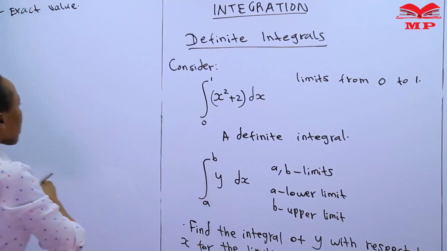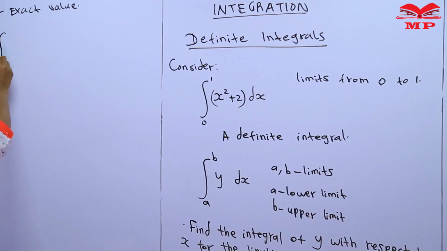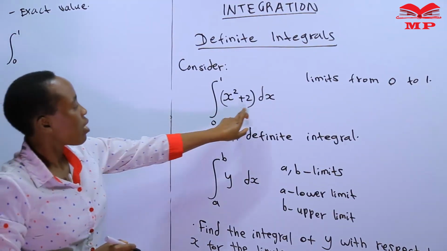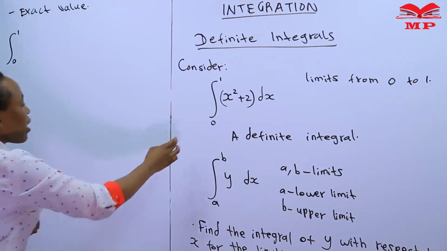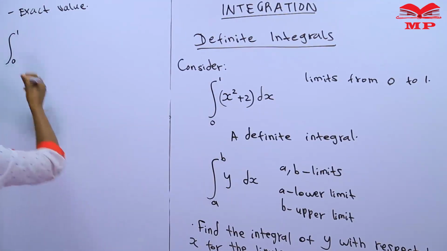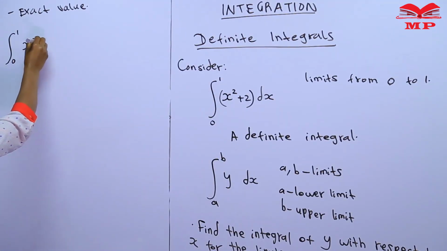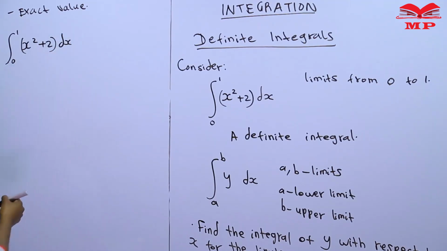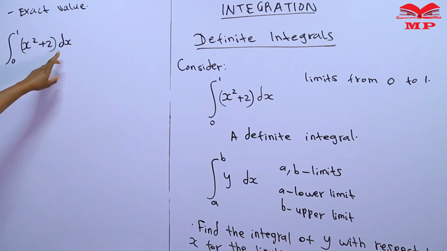And in this case, let's see what we are going to get. We have from 0 to 1, so we are finding this, and we will have the limits 0 to 1, and our gradient function is x squared plus 2, and we are integrating with respect to x.